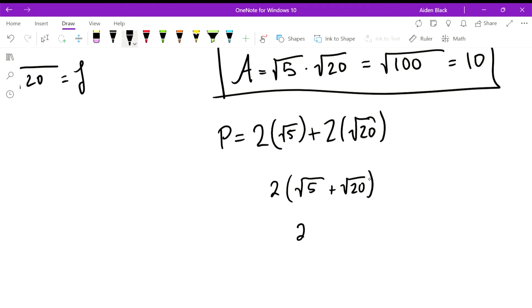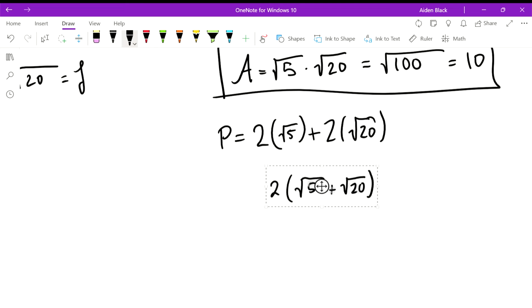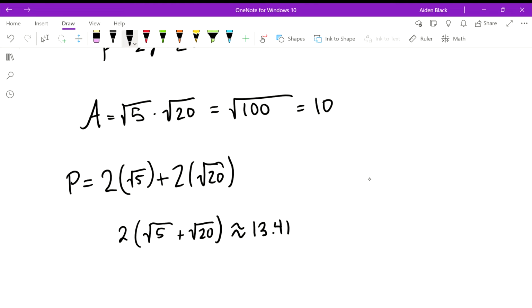Now what I'll do is plug this into my calculator and find that it's approximately 13.41. Okay, so the perimeter is approximately 13.41. And then of course, on my area, I should have put units squared.